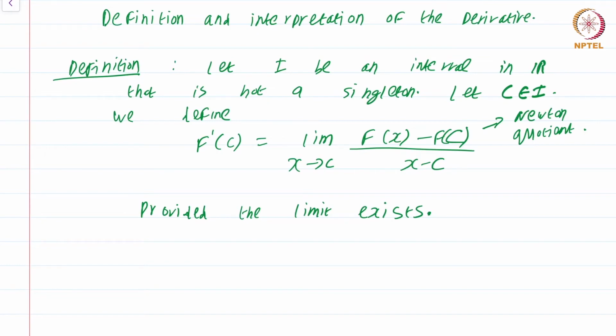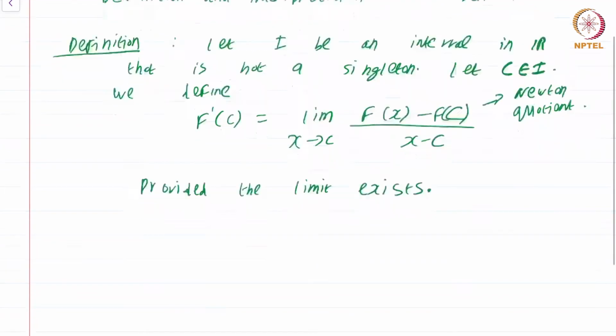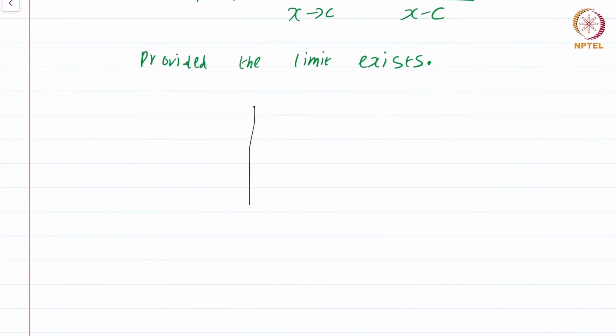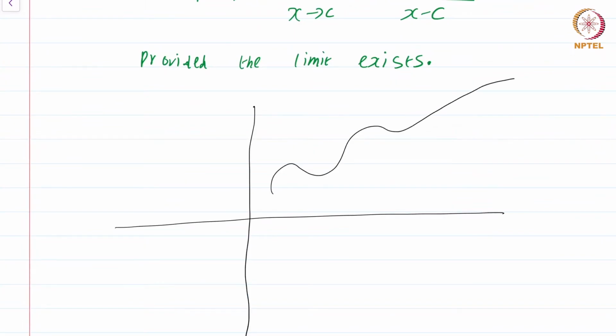Now you're already familiar with one particular interpretation of the derivative. Well, let's draw a picture. Say you have a curve. I focus on this point c. Again, I have a tendency of drawing these points somewhere in the air.